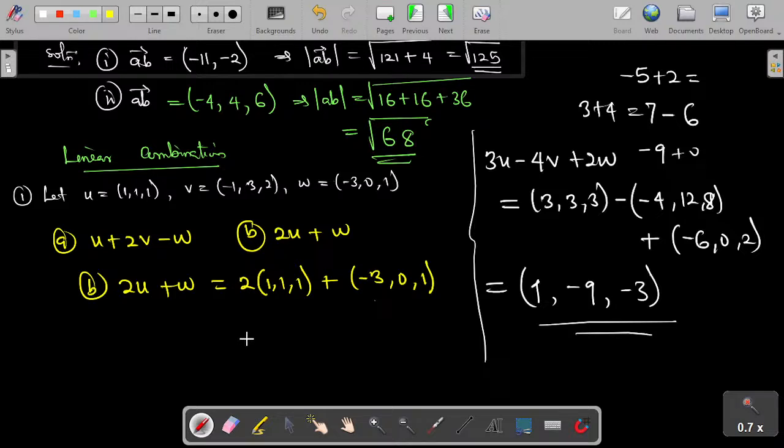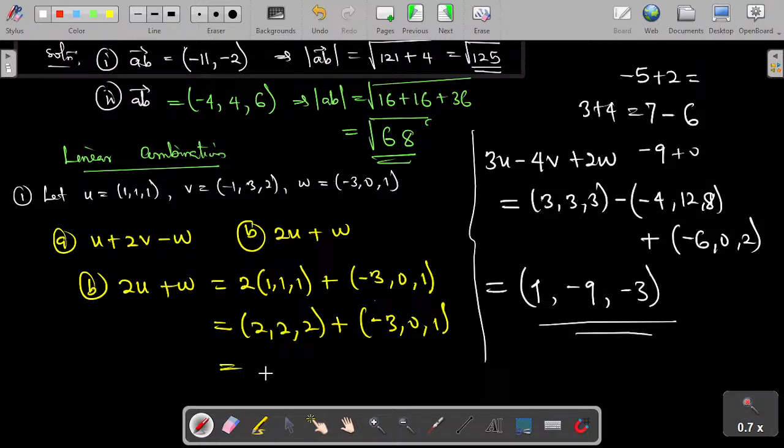Chisom, Mordecai, as I'm explaining, at any point where you understand me, let me know. All you need to do is the scalar multiplication, which means open the bracket, and you are going to have 2, 2, 2. Then plus, here is still minus 3, 0, 1.